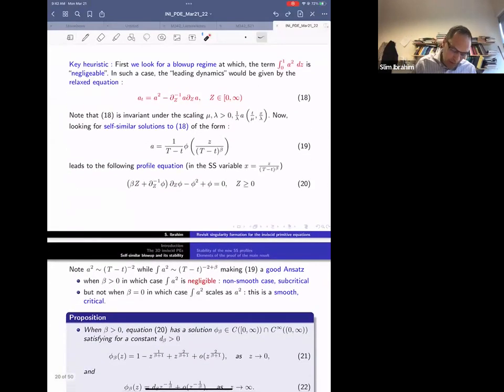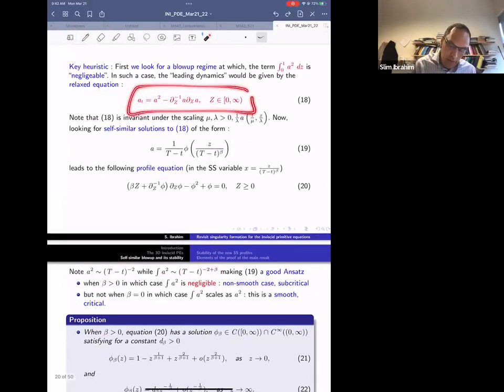So A square will be like T minus T over 2. And the pressure term will scale like T minus T to the power minus 2 plus beta. Remember, beta is this parameter here. So this heuristic tells us that this is a very good ansatz if beta is positive, right? Because if beta is positive, this is much smaller than this one, and that would make this approximation good.